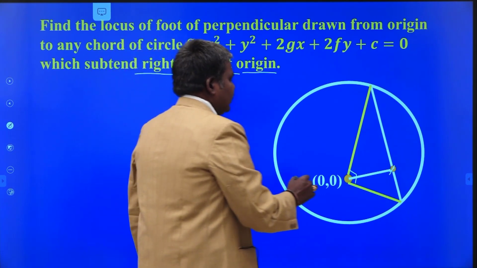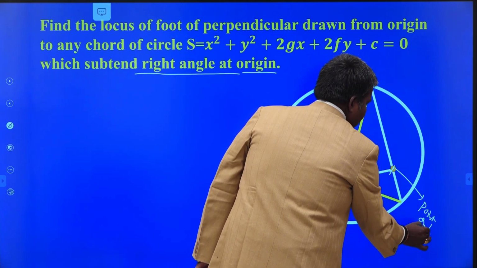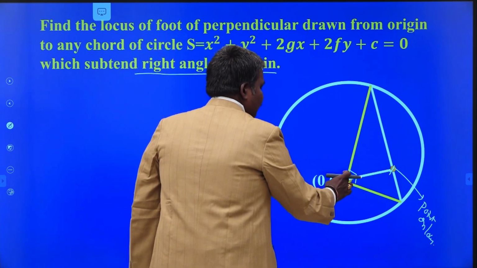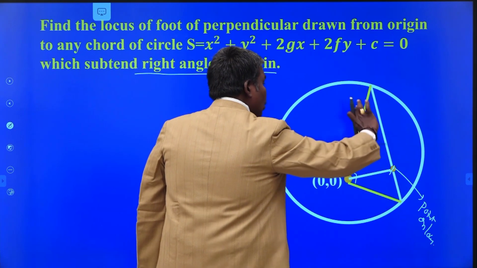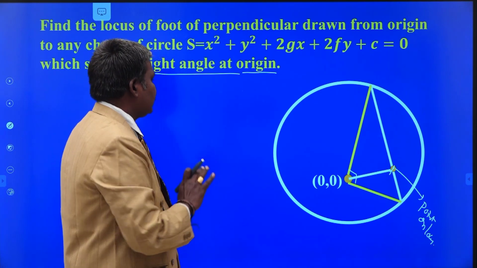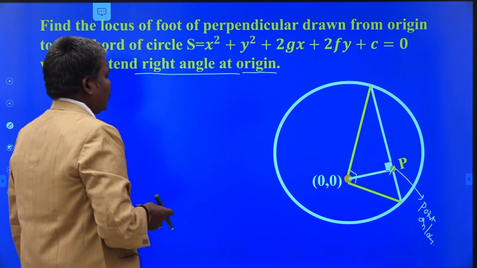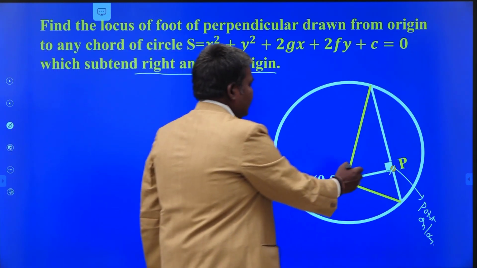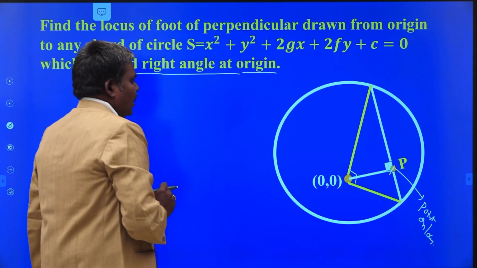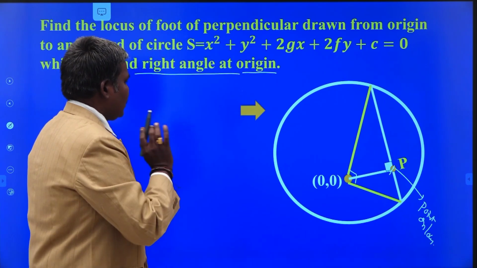That is your point on the locus. This is my point on the locus. This is the point P, say. It is one of the points on my locus. What is the angle here? 90 degrees, because we are drawing the foot of the perpendicular from the origin to that line, and at that foot you have 90 degrees. Okay, this is the corresponding diagram.